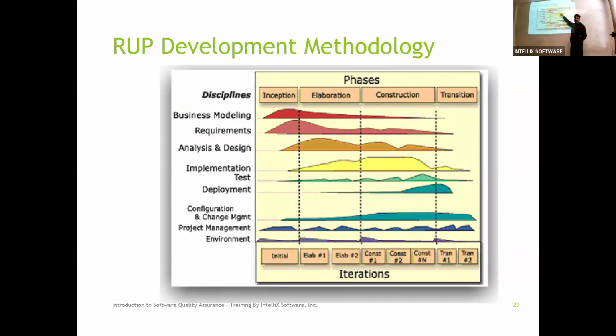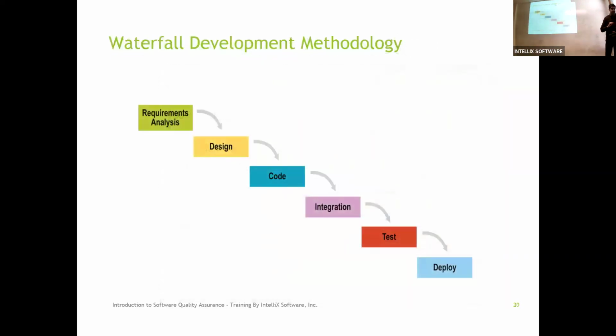That's the other aspect. The third development methodology is called the waterfall methodology. In this approach, you essentially say, I need to know everything up front before I can build it. I need to know all the requirements before I can design.